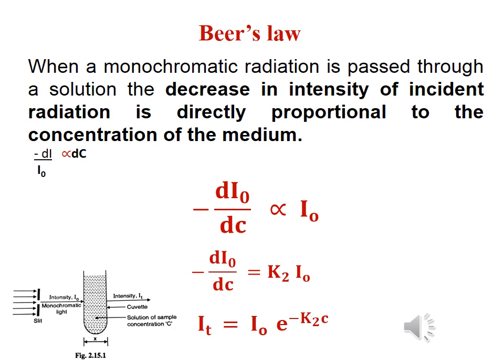Beer's law states that when a monochromatic radiation is passed through a solution, then the decrease in the intensity of incident radiation is directly proportional to the concentration of the solution. The more the concentration of the solution, the more the absorption of incident radiation, hence the transmitted light intensity will be less.